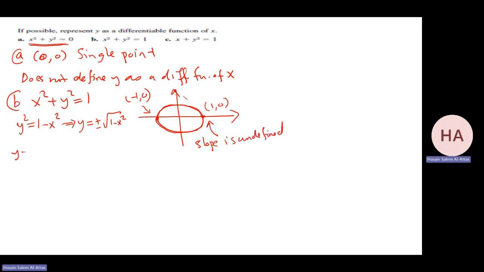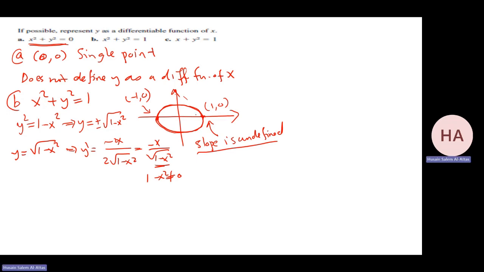Why? If we take this one, what will be y prime? 1 over 2 root 1 minus x squared, and here I have minus 2x. So it will be minus x over square root 1 minus x squared. But I need 1 minus x squared not equal to 0.